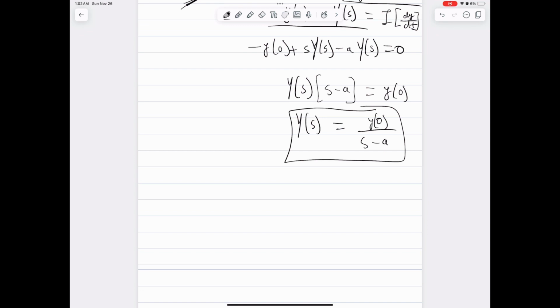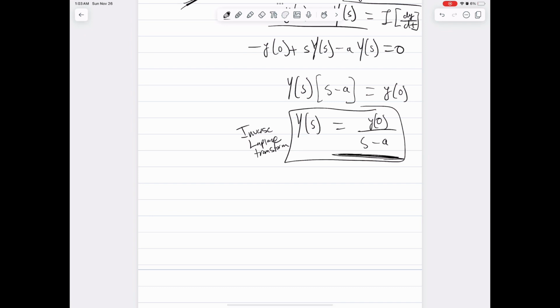In other words, inverse Laplace transform. That just means that you're thinking of which function's Laplace transform actually gives me this.